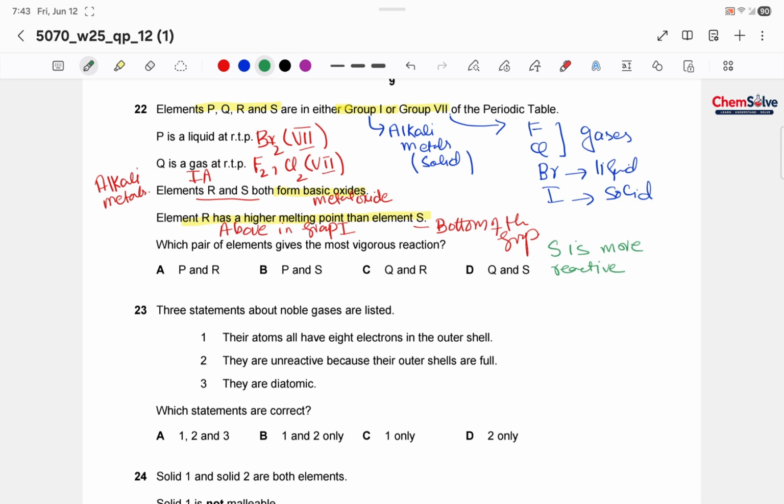So it means Q is most reactive. So keeping this discussion in our mind, Q and S are the options which will give the vigorous reaction. Because for a vigorous reaction, we need two elements which are more reactive.